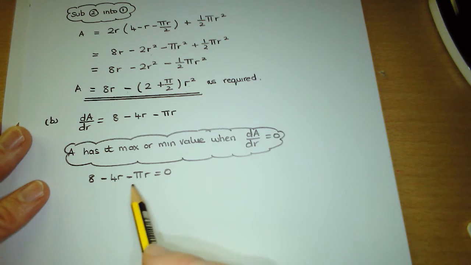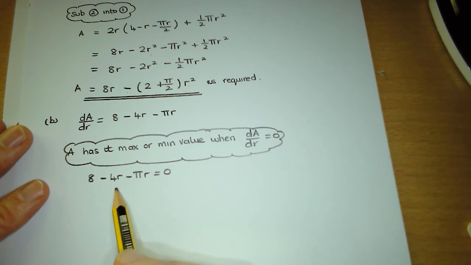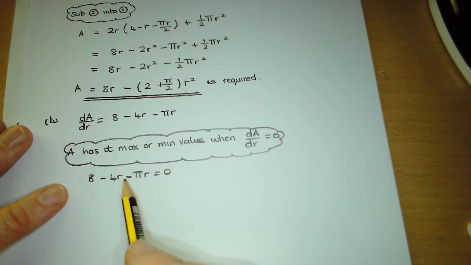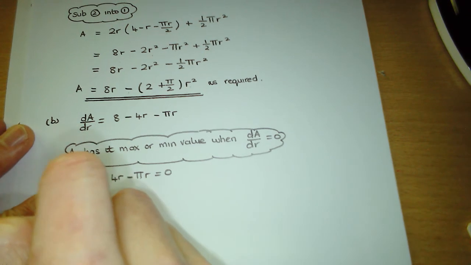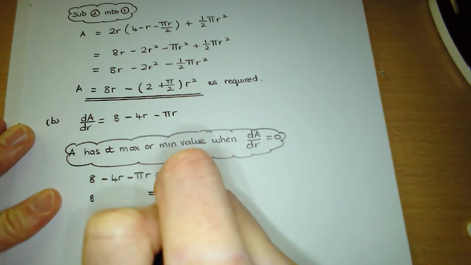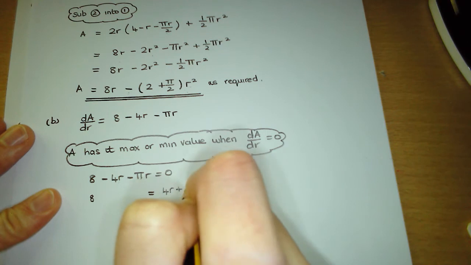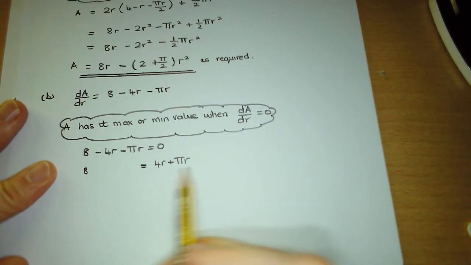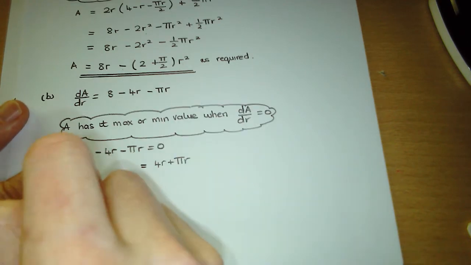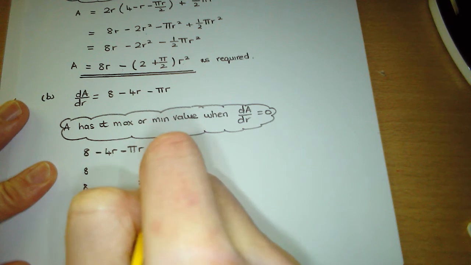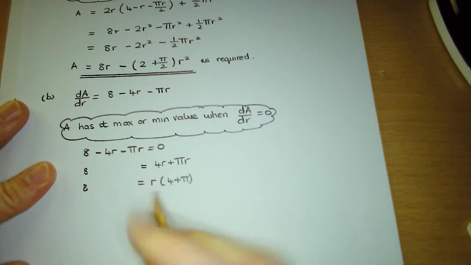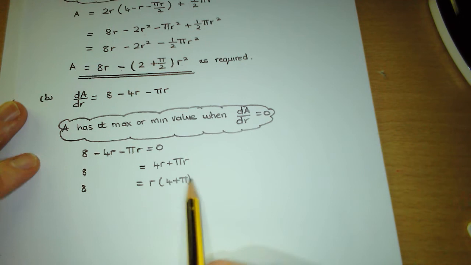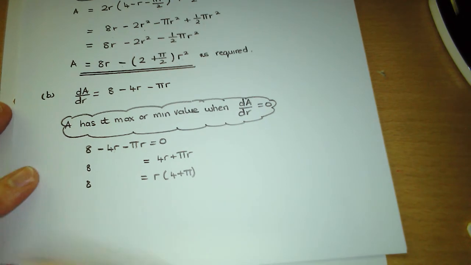So plan then. What we're going to do is I am going to move the two terms that contain r to the same side. So we're going to get 8 equals 4r plus pi r. I'm now going to factorize the right hand side. So we're going to get 8 equals r upon 4 plus pi. Do you see the way now after factorizing there's only a single r? We're now going to divide both sides by the coefficient of r.